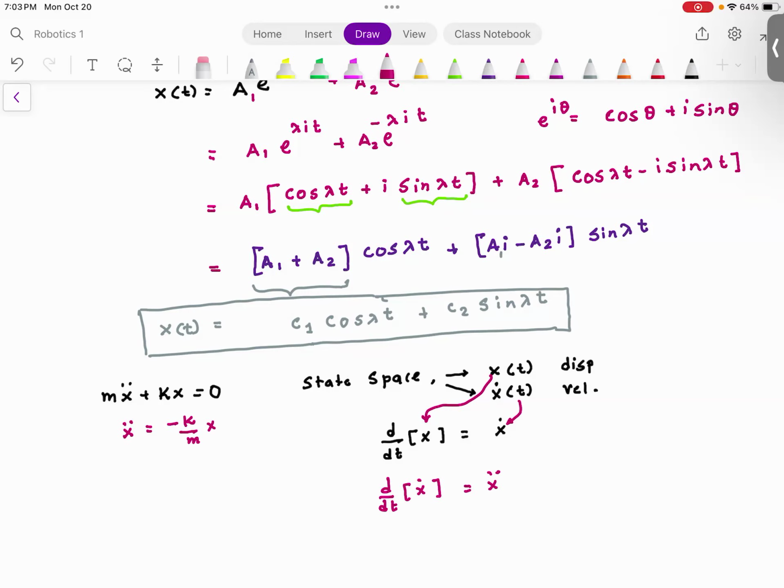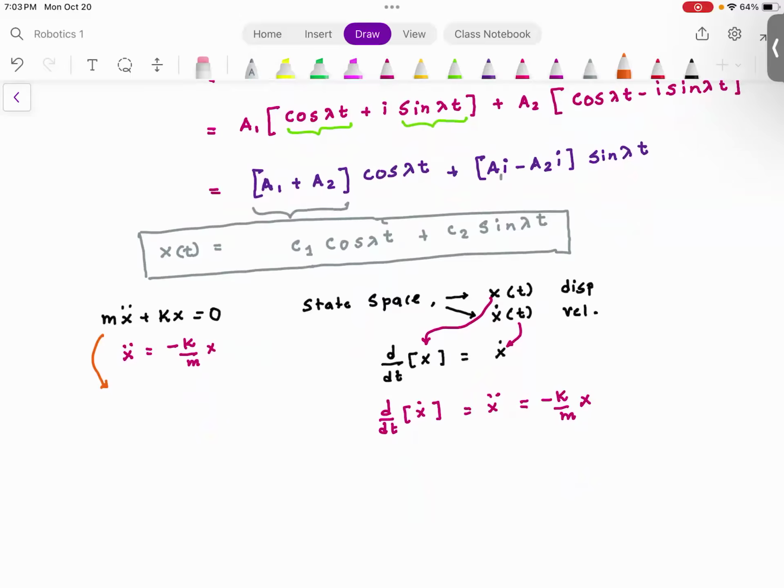So in other words, this first order equation can be written as d by dt of x is equal to 0 x plus 1 x dot, and d by dt of x dot is equal to minus k over m x plus 0 x dot.